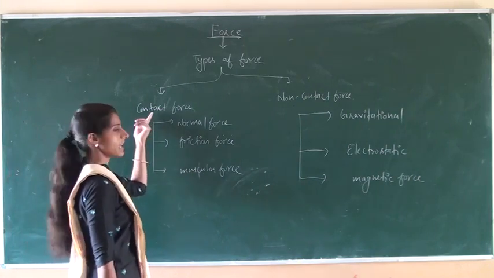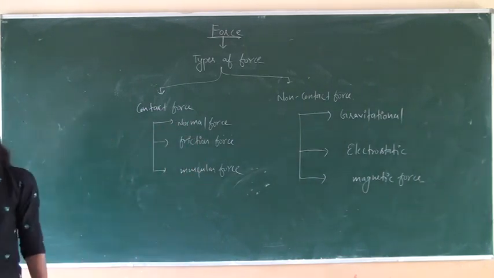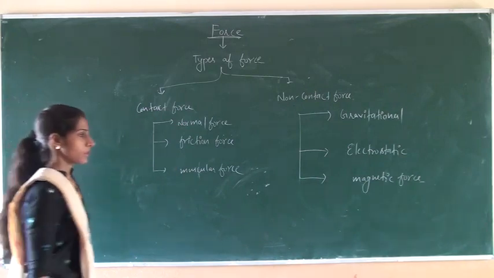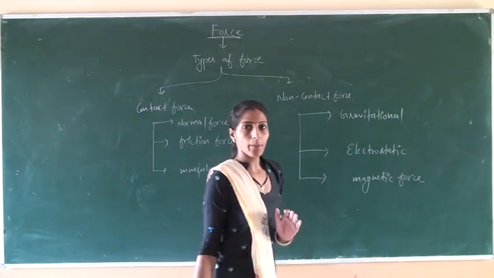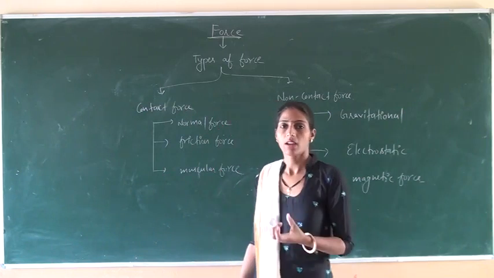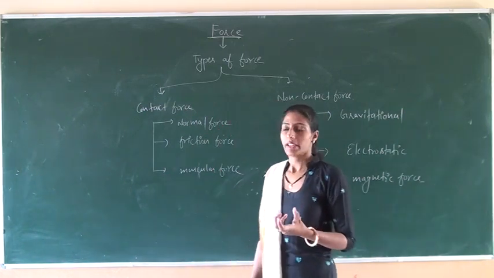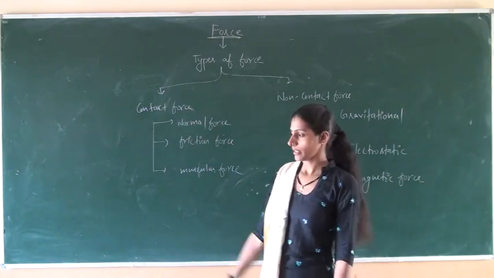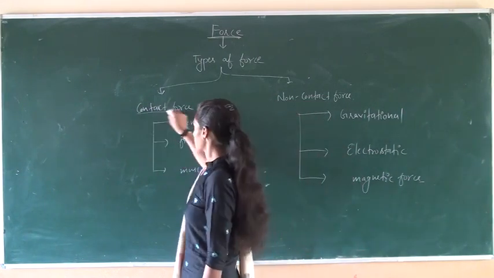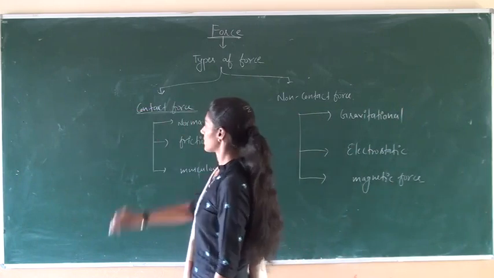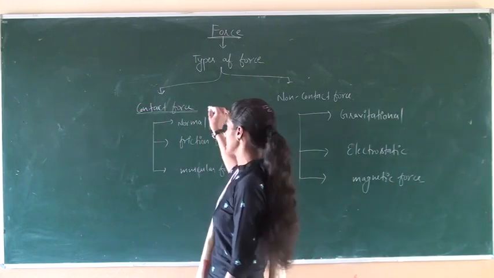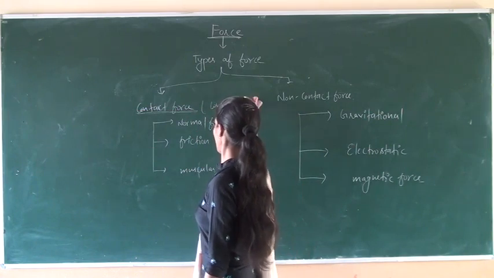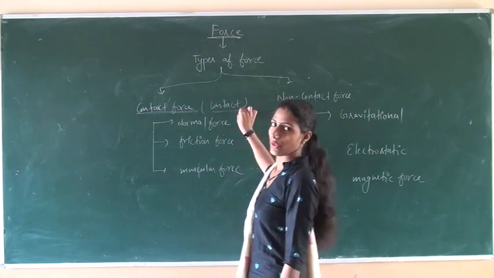First, what is the contact force? Forces which act on a body when the body is in contact with another object. Contact force, as the name suggests, is the force that acts when the bodies are in contact or in touch with each other.